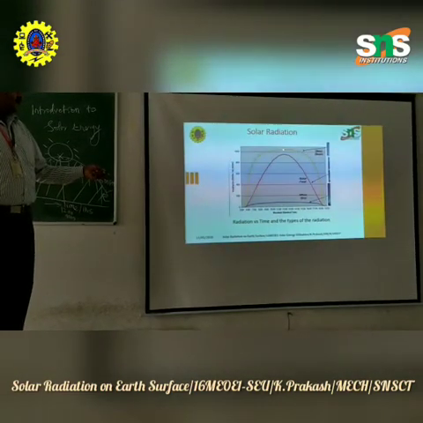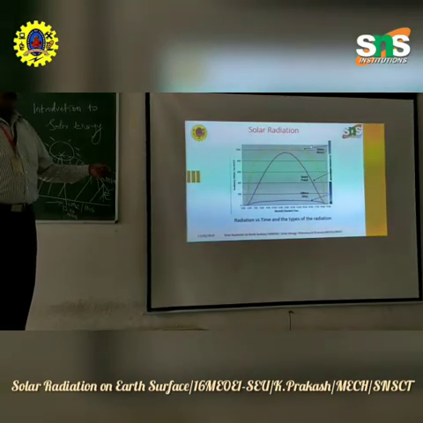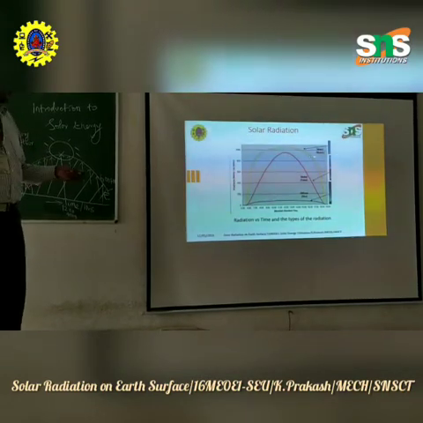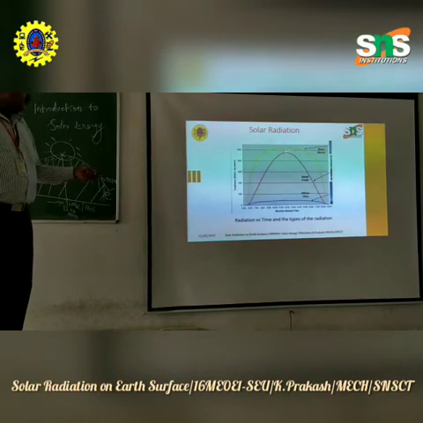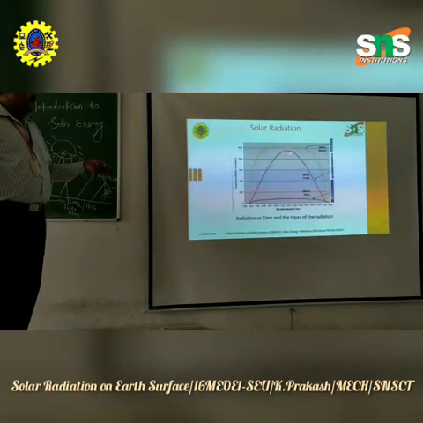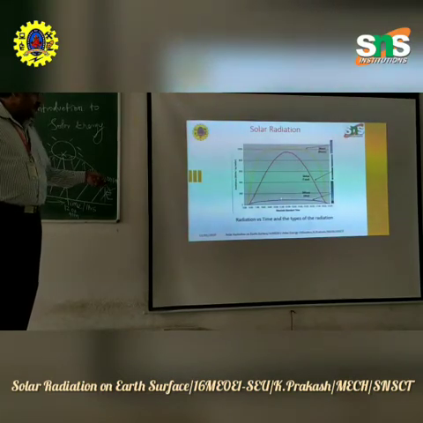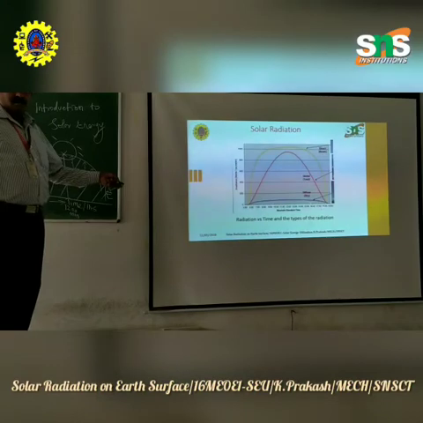From this graph, the direct beam radiation gives the maximum amount of solar energy, whereas the global radiation is below 1000 watts per meter square. So this gives the second, and the diffuse radiation is very much lesser.